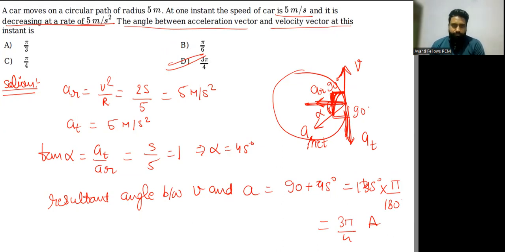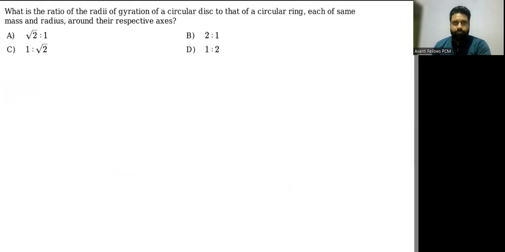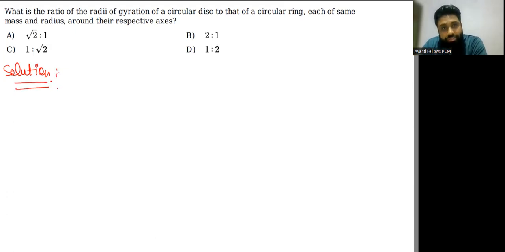Now, this question is from system of particles and rotational motion. In this question, what is the ratio of the radii of gyration of a circular disk to that of a circular ring, each of same mass and radius, around their respective axis?